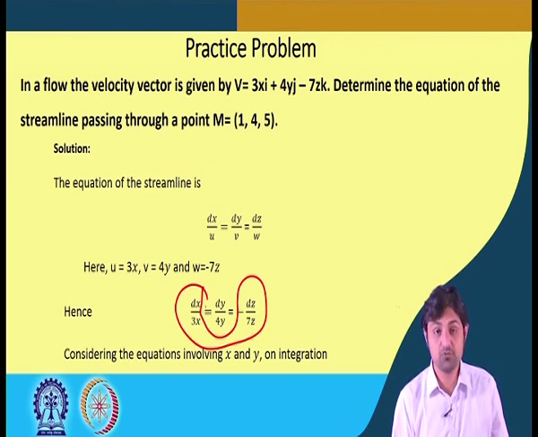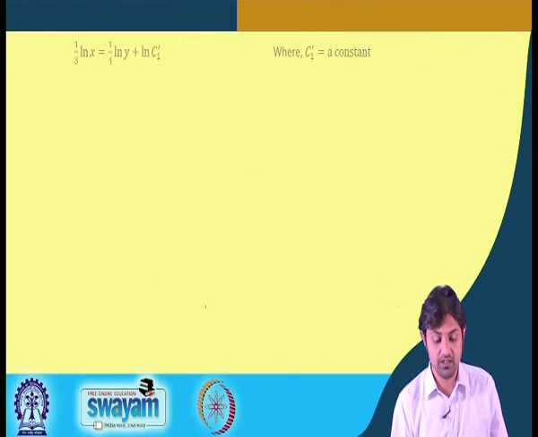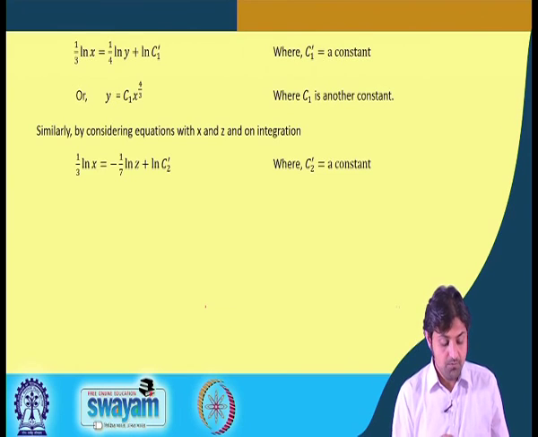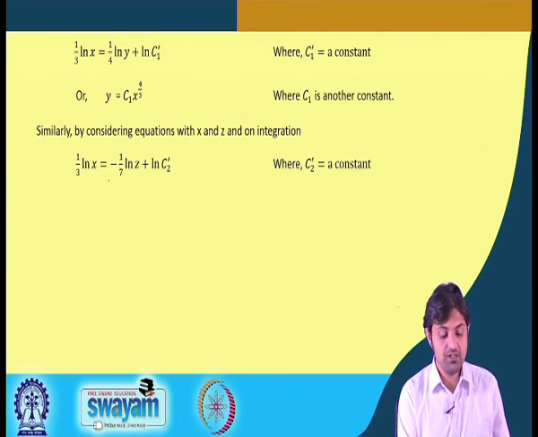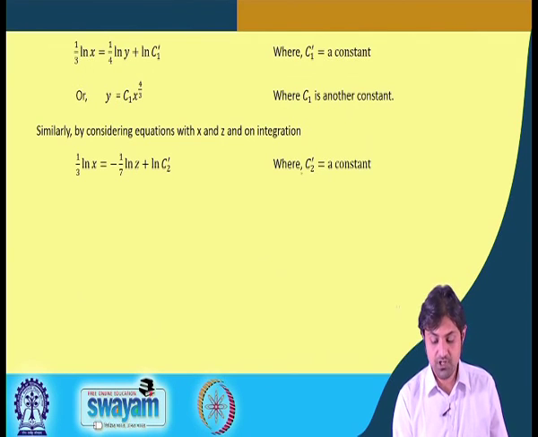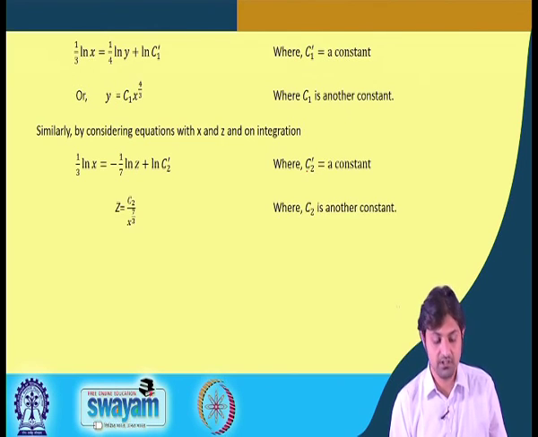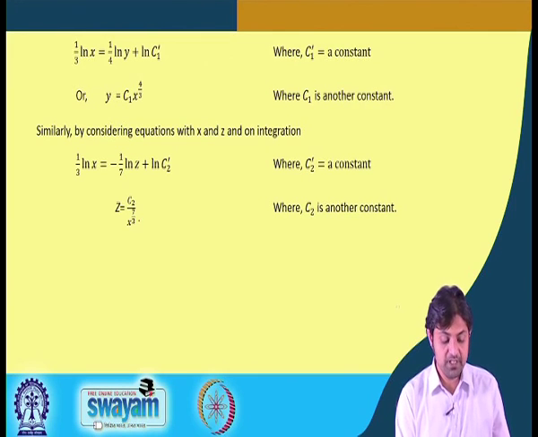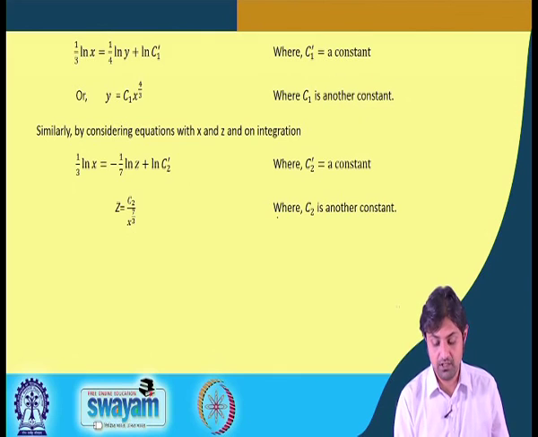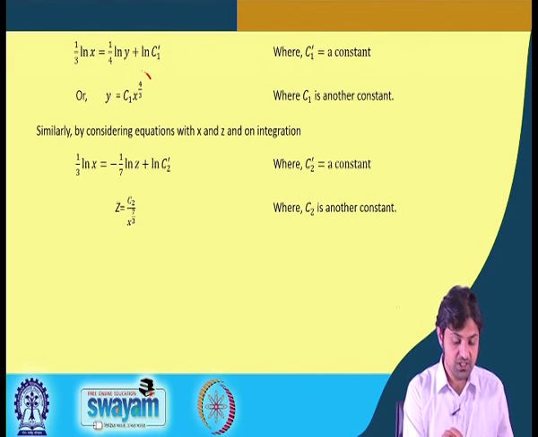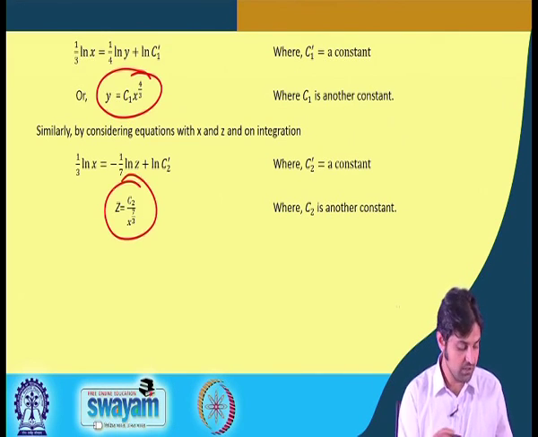So in this practice problem, we have taken dx and dz. This gives ln x by 3 is equal to minus 1 by 7 ln z plus ln c2 dash, where c2 dash is again a constant. So we can simply get z is equal to c2 divided by x to the power 7 by 3. So these are the two equations that we got.